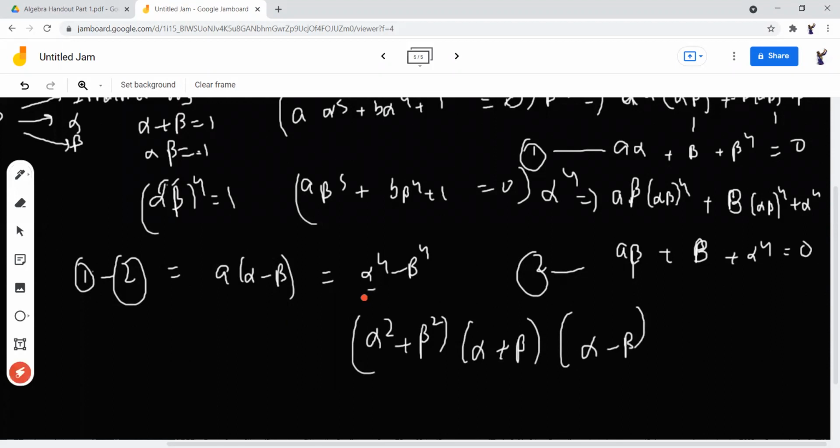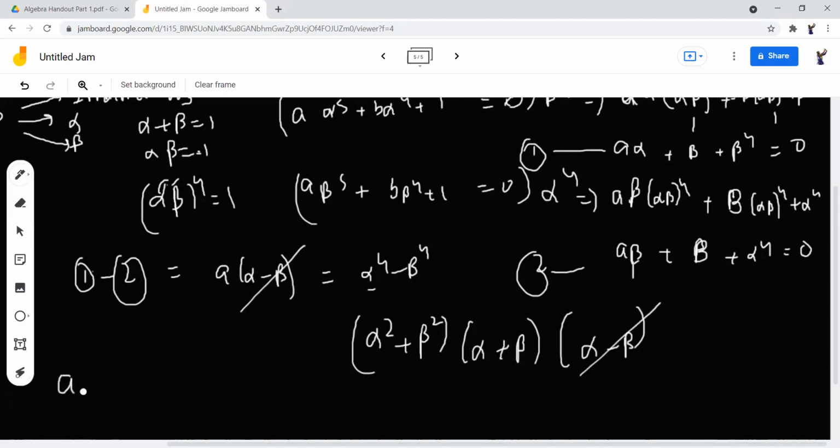I'm just writing alpha power 4 minus beta power 4 as alpha square plus beta square multiplied by alpha square minus beta square, and alpha square minus beta square becomes alpha plus beta into alpha minus beta. So I've just written the same thing here, guys, and then this alpha minus beta and this alpha minus beta cancelled.